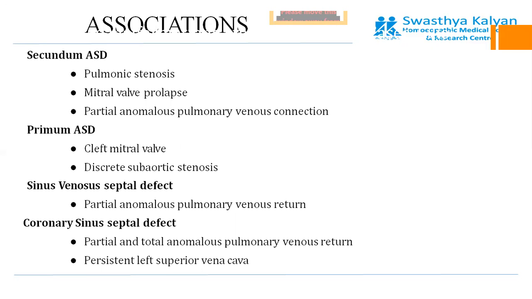Primum atrial septal defect may be associated with cleft mitral valve, discrete subaortic stenosis. Sinus venosus septal defect may be associated with partial anomaly of pulmonary venous return, whereas coronary sinus septal defect is associated with partial and total anomalous pulmonary venous return, persistent left superior vena cava.